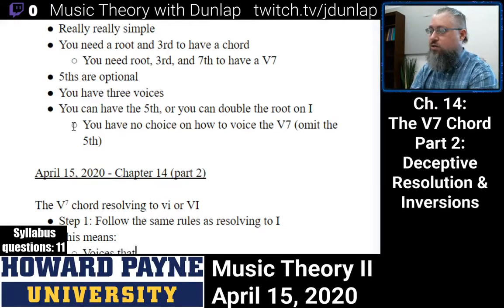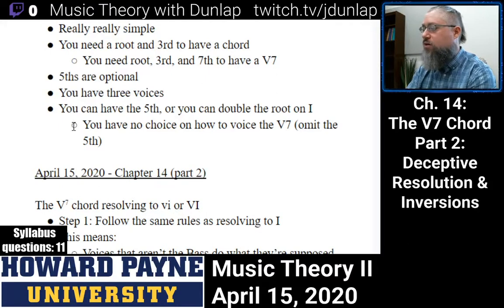Voices that aren't the bass do what they're supposed to do, except redundant roots or inner voice roots will step up.